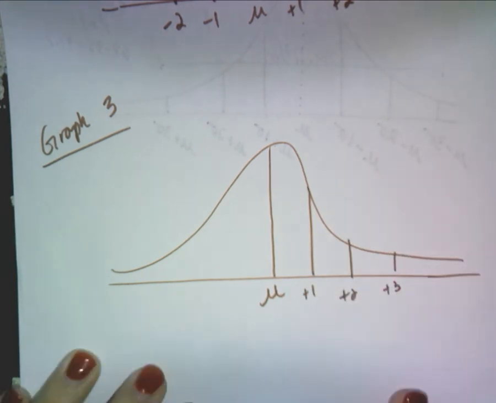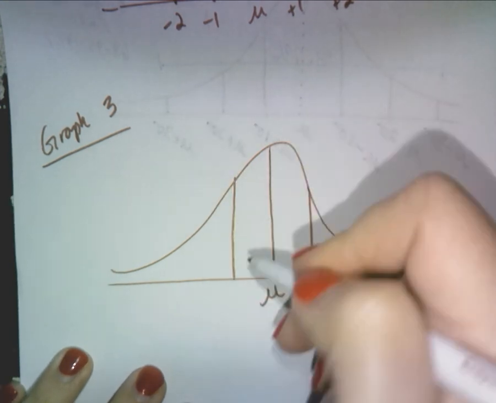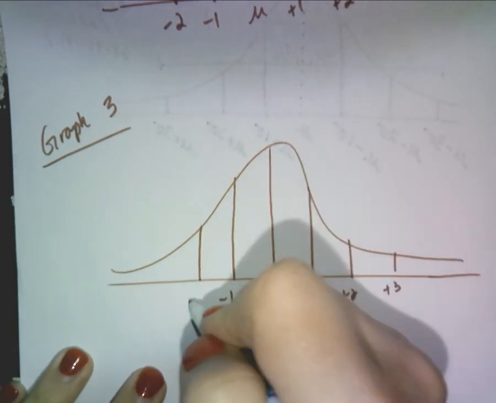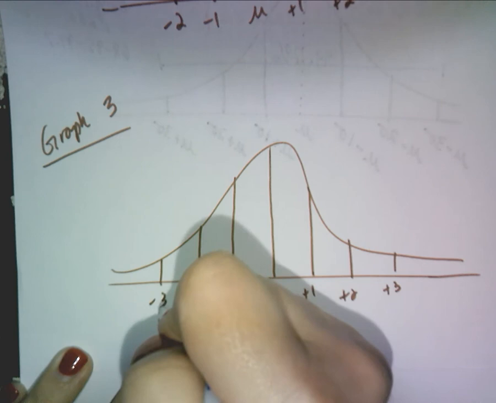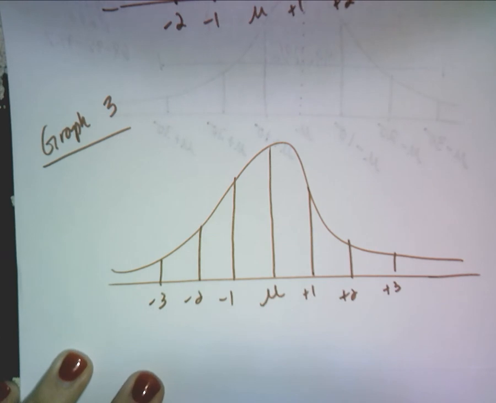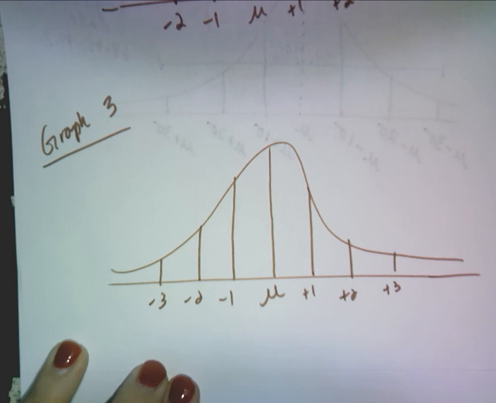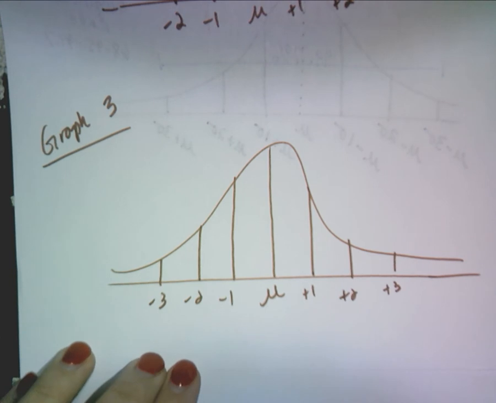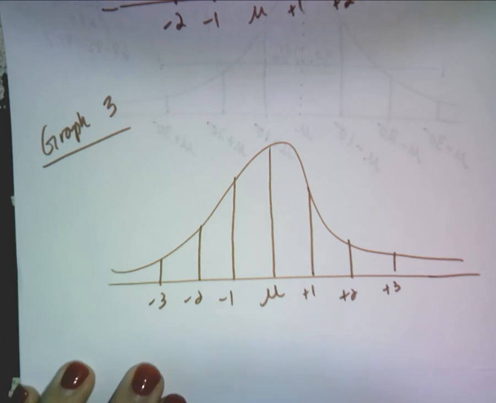Obviously, you leave a little space, and then do the same thing right here: minus 1 standard deviation, minus 2, and minus 3. Now again, using graph 2 and graph 1 above it, we're going to fill in every single one of these pieces. This is all you'll have to do tonight. It's literally just adding the pieces together.